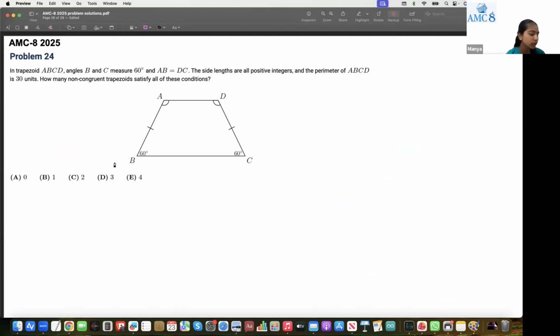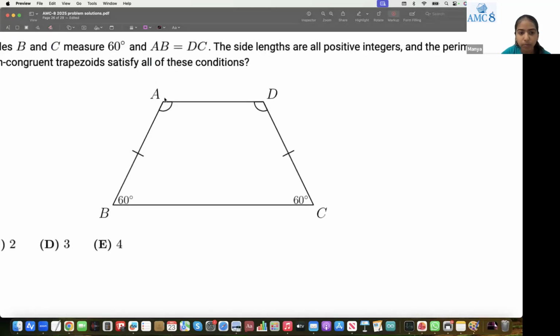How many non-congruent trapezoids satisfy all of these conditions? So, see this trapezoid right here. I'm going to make a line up here and split this somewhere like this, okay? And this one too, the same thing on this side. Okay, so something like this.